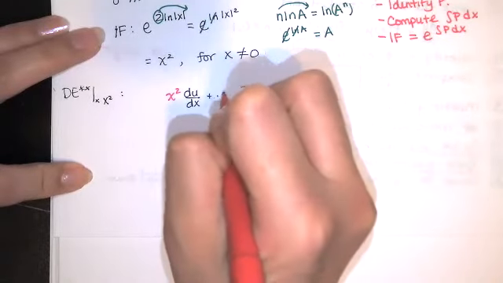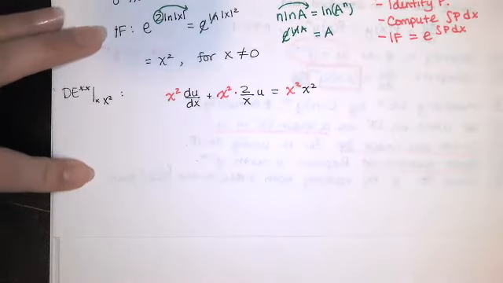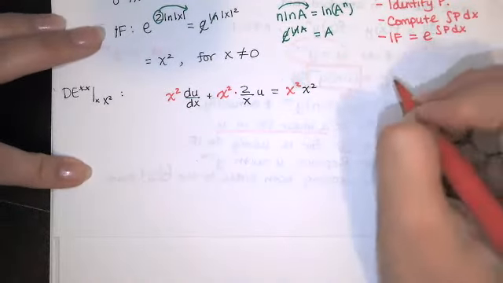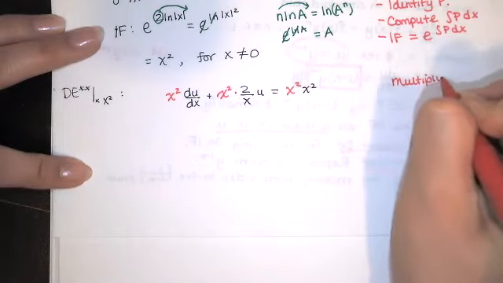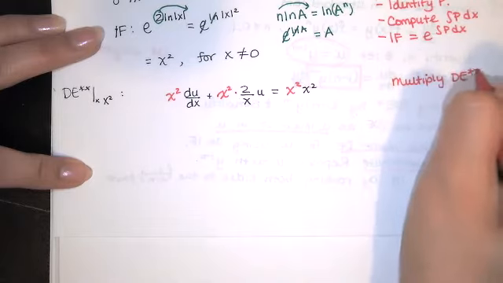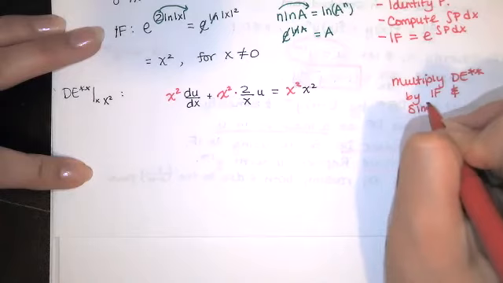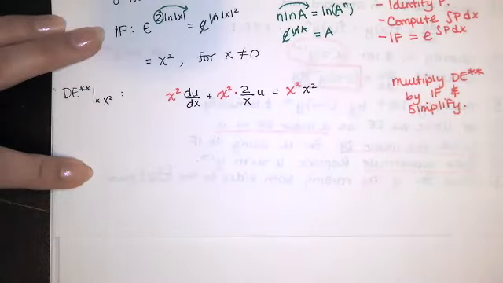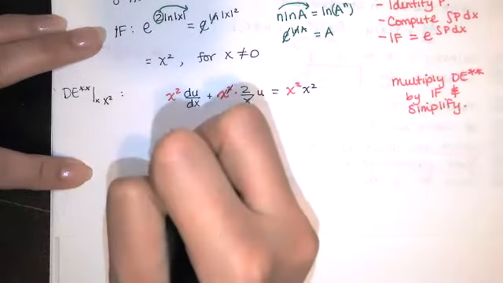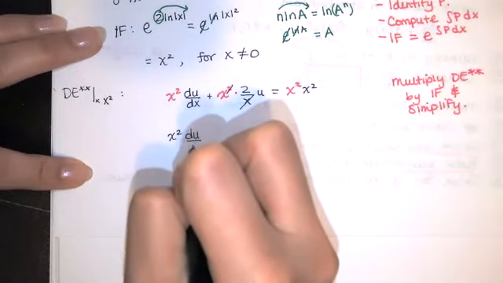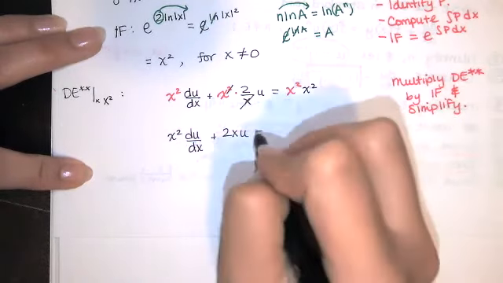So this term gets multiplied by x squared, this term gets multiplied by x squared, and of course the right-hand side gets multiplied by x squared. And then of course we want to simplify. This x will reduce with one of those, so we end up with x squared times du dx plus 2x times u equals x squared times x squared, which is x to the 4th.